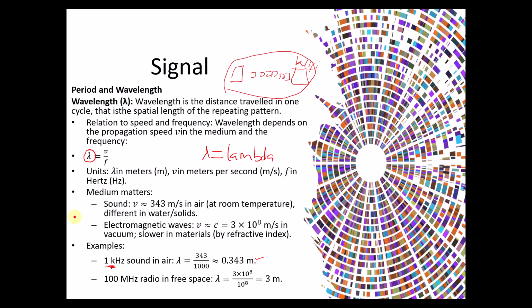Let's assume that you are speaking just through the air. If you want to calculate the wavelength of your sound, let's assume that the sound you made is 1 kilohertz in frequency. So your voice signal is 1 kilohertz.